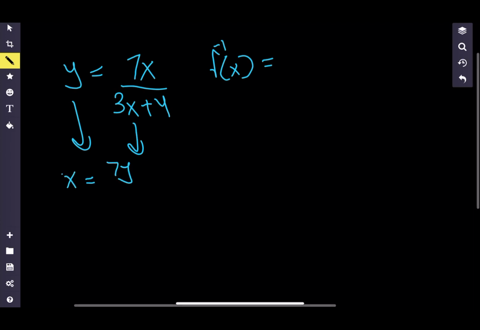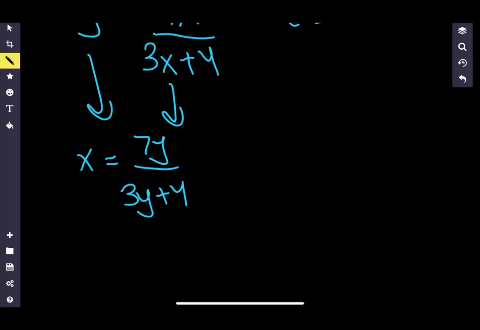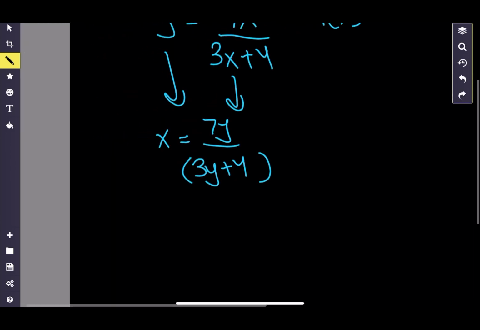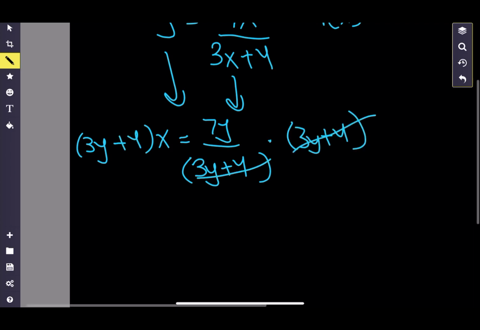So y becomes x, and all the x's become y's. You want to get rid of the denominator, so you're going to multiply both sides by 3y plus 4, because this gets rid of our denominator.